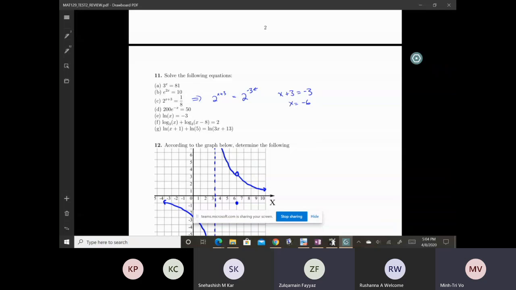On the right side, I have a single natural log.